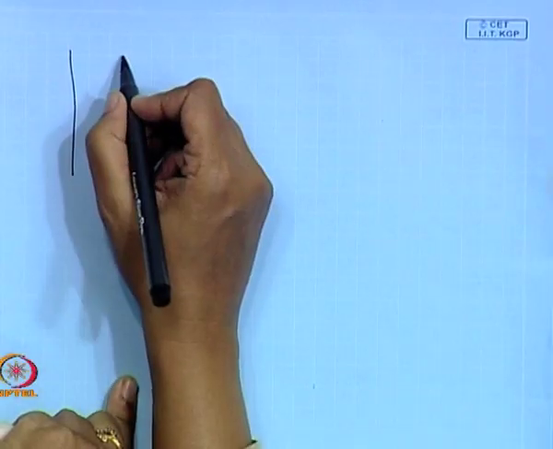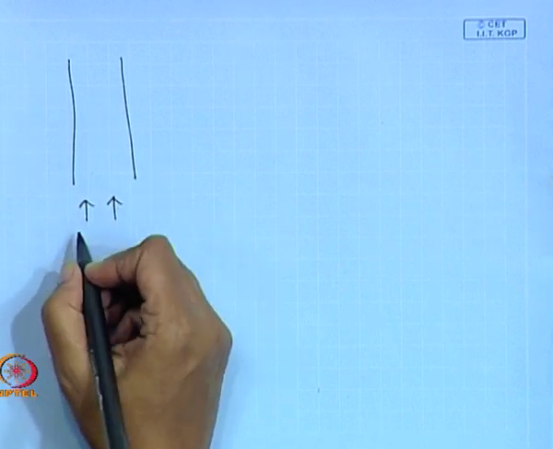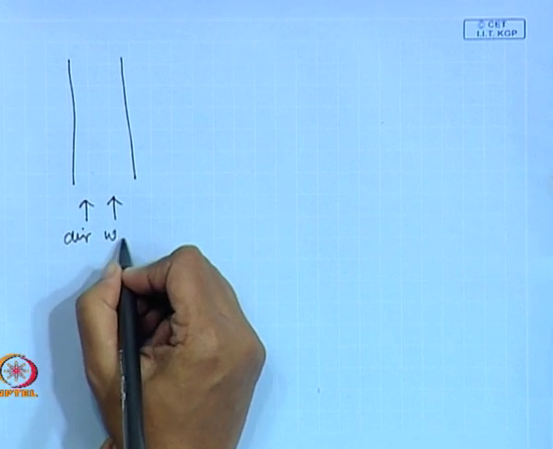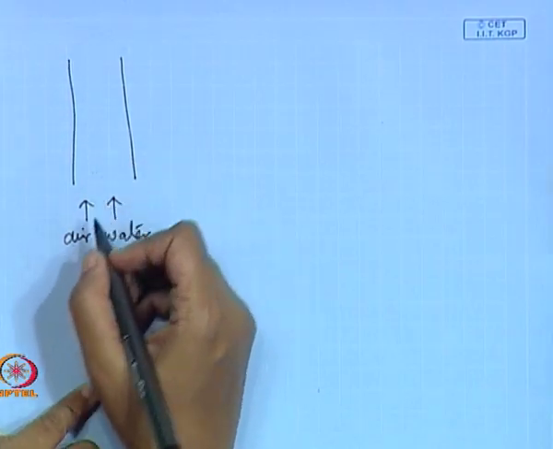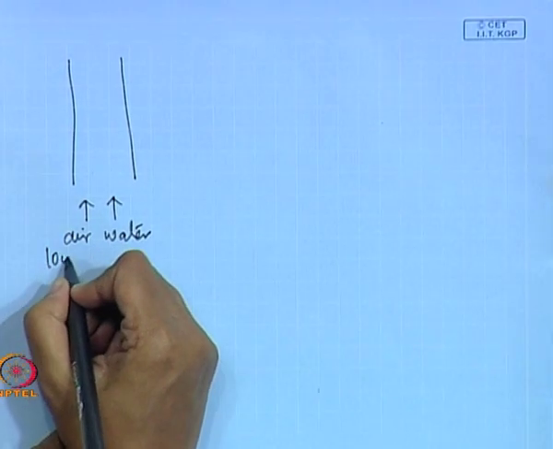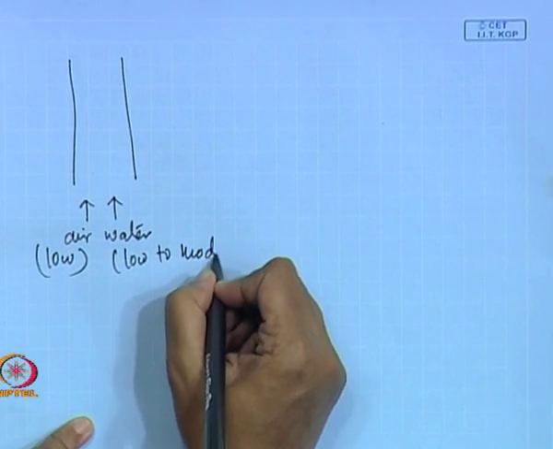So, now let us see a vertical case, because the gravity will not be occurring under those conditions. For a vertical tube, suppose we introduce a gas and a liquid; for the time being, air and water are being introduced here. Now, we have very low air velocity and low to moderate water velocity.